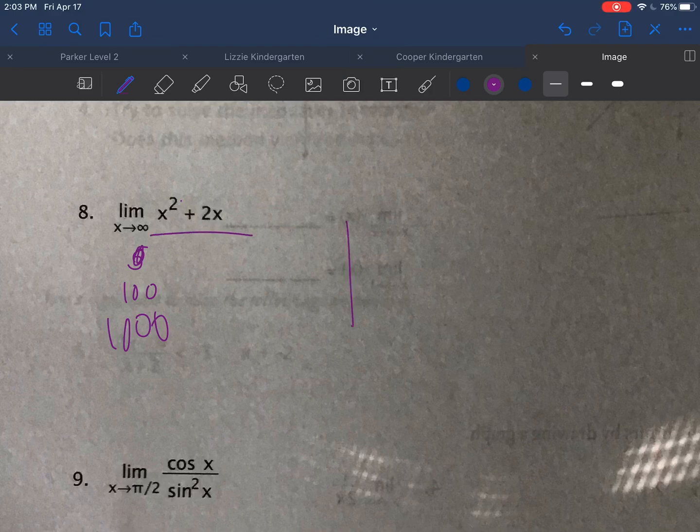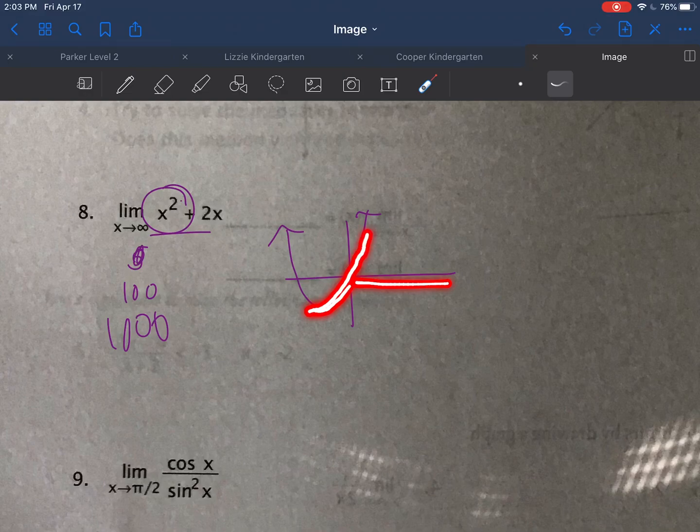If you want to know what the graph looks like, this is a quadratic when you've got that x squared. It just doesn't have a plus 3 at the end. It's a plus 0, 1 at the end. It has moved left a little bit, so it looks like this. Okay, and you can see as we approach infinity, as I keep traveling to the right on my graph, following the line, my y value just keeps going off up into infinity.